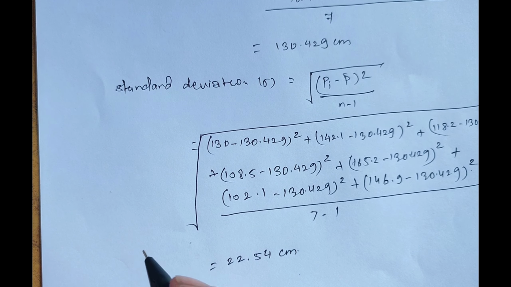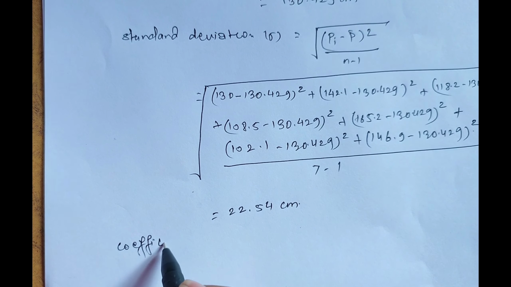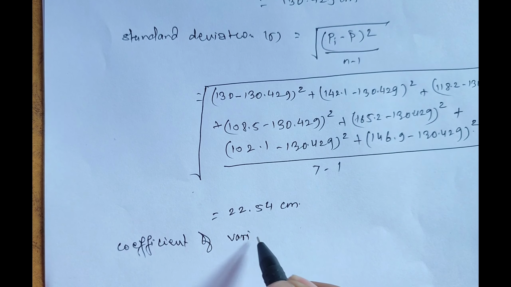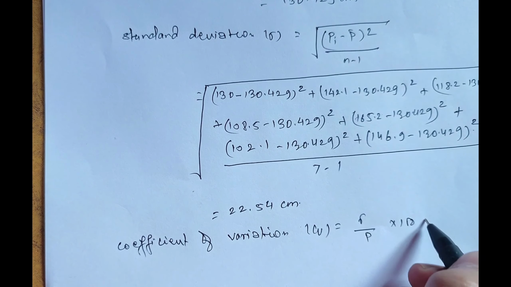Now let's calculate the coefficient of variation. CV equals sigma divided by P bar, into 100%.